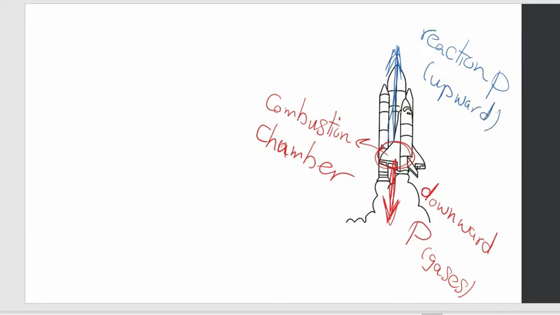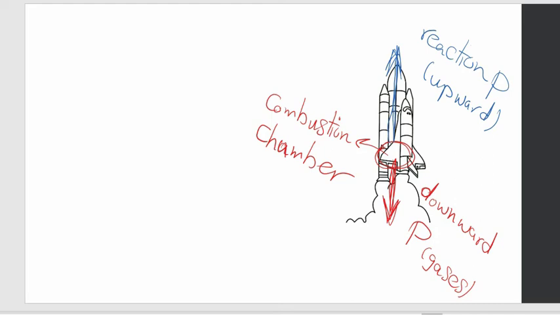And this is actually the momentum that carries the rocket up in the sky. And this is the initial momentum before it all started. First, when the rocket was not moving, it had zero momentum. So even when it moved, the combination of all the momenta produced in this system has to equal zero.